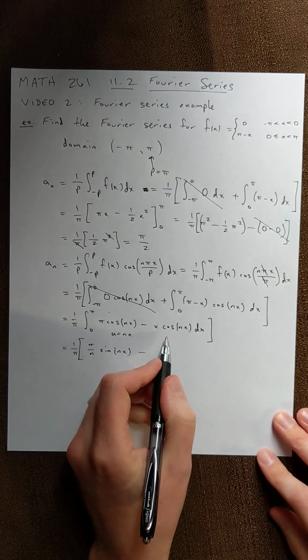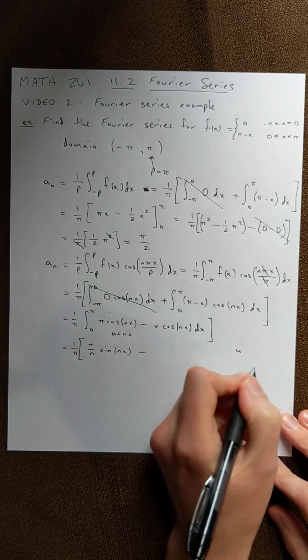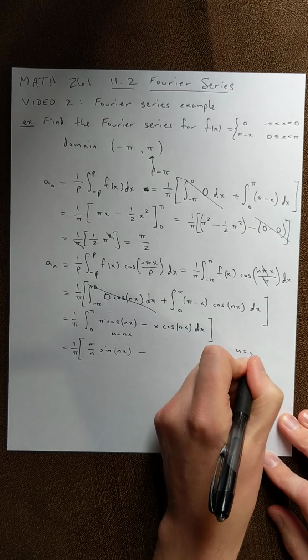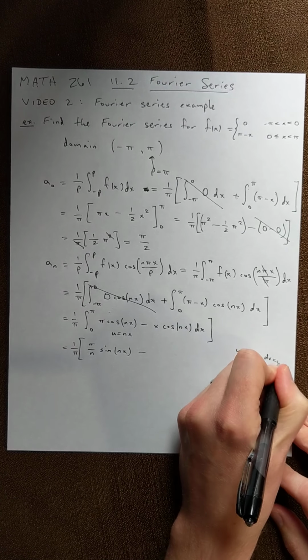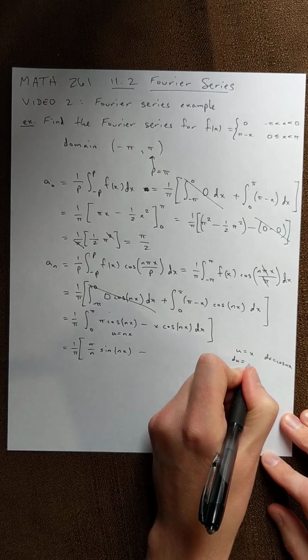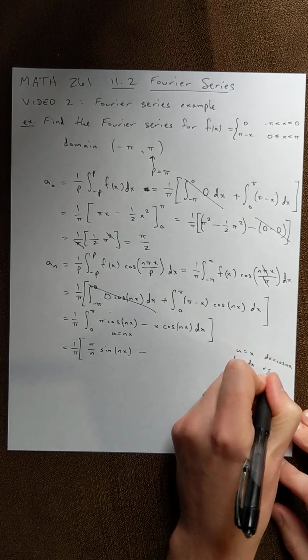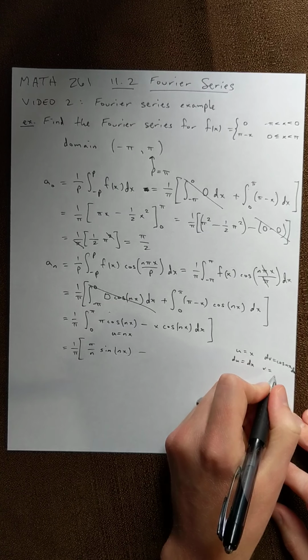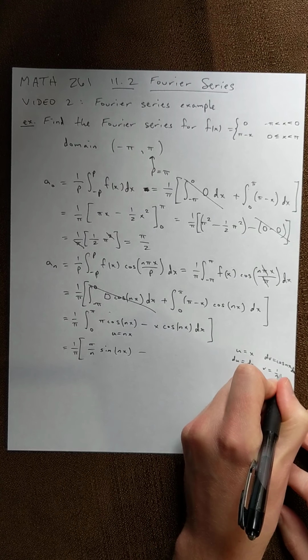Over here, I think I'm going to do integration by parts with u is equal to x and dv is cosine nx, which means du is dx and v is 1 over n sine nx.